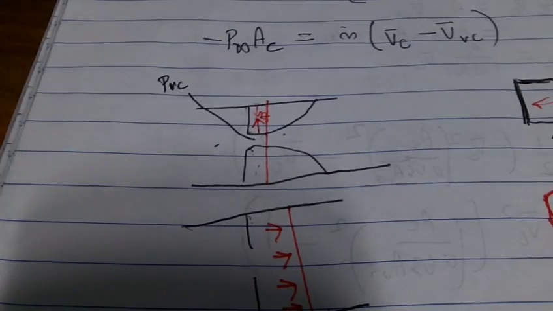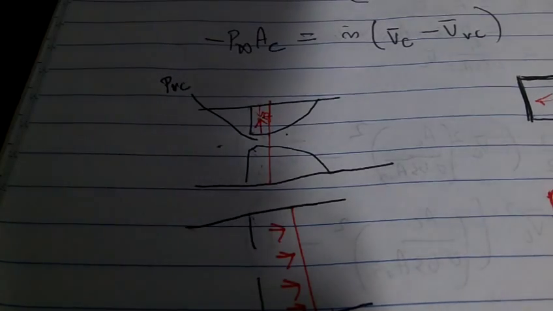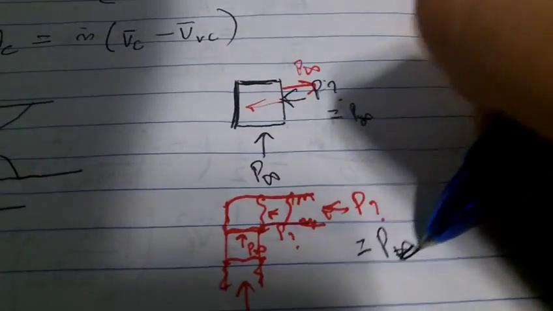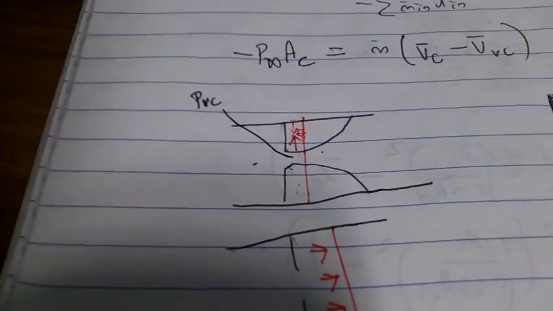So effectively this whole area is getting acted upon by P infinity, or the free stream pressure, or P_VC rather, sorry, it should be P_VC. Alright, the pressure of the vena contracta area is just acting on this whole system like that. So P_VC times A_C minus P infinity times A_C is equal to this.